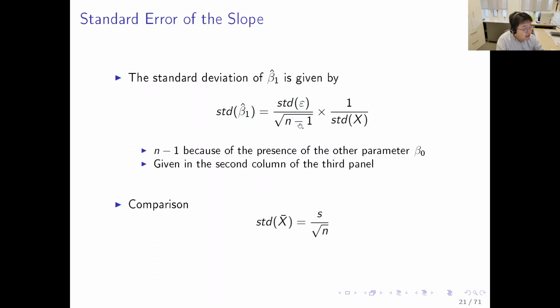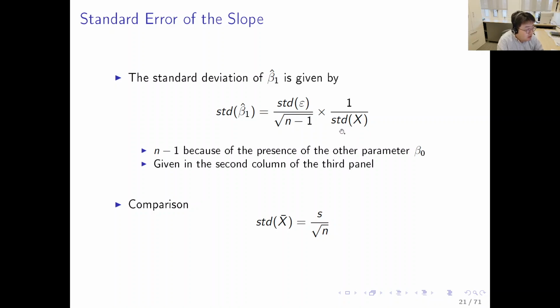We use n minus 1 in the denominator because there is another parameter, beta 0. So you have to keep one of the observations, one piece of information, for the other parameter. You lose one piece of information when you estimate the other parameter at the same time. So you take n minus 1 in the denominator.